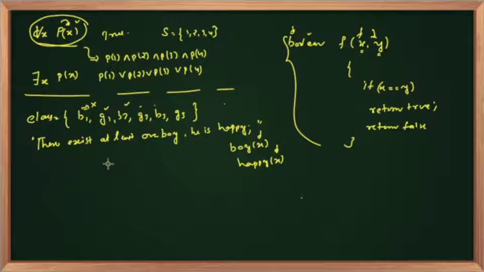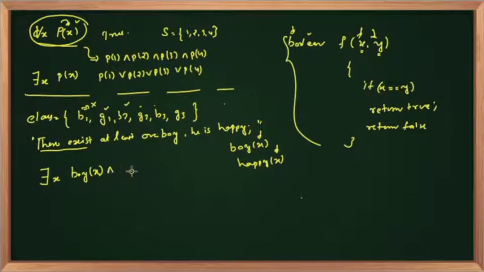Now I can write this sentence as there exists. Remember this: there exists means you'll use this notation. There exists an x from this domain such that boy of x, he is a boy, and he is happy, right? That's the meaning. There exists at least one boy, he is happy, means he is a boy and he is happy.